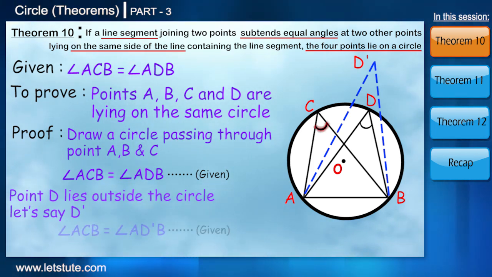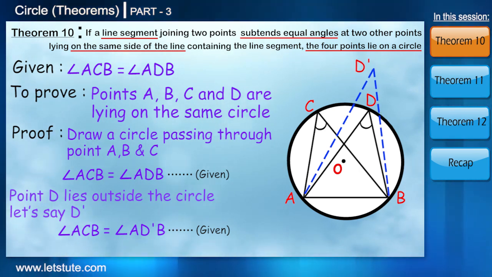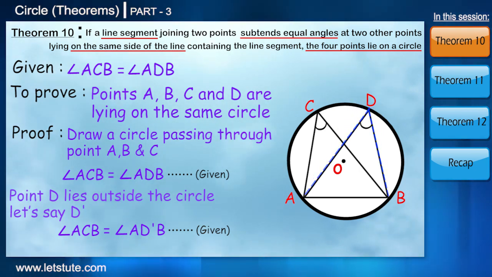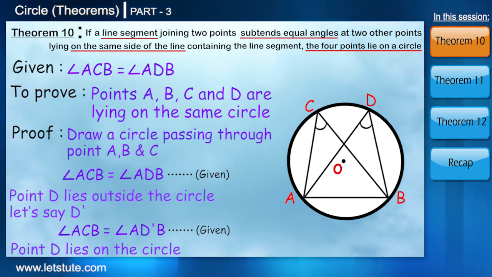So even angle ACB should be equal to angle AD dash B, but this is not possible until point D and D dash are same. Correct? So we can say that point D lies on the circle and hence all the 4 points lie on the same circle, and so points A, B, C and D are concyclic.